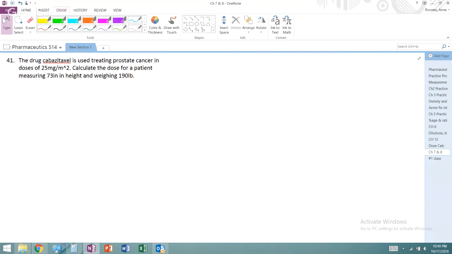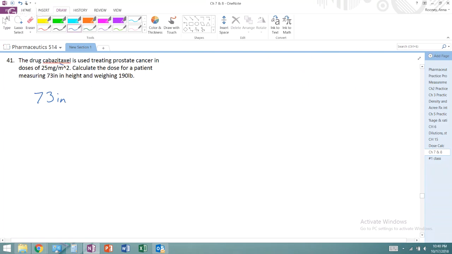Okay, now we're at 41, which I believe is the last one of these body surface area calculations. Yay, we're getting to the end. So 73 inches. I should read the question. All right, the drug cabazitaxel is used in treating prostate cancer.